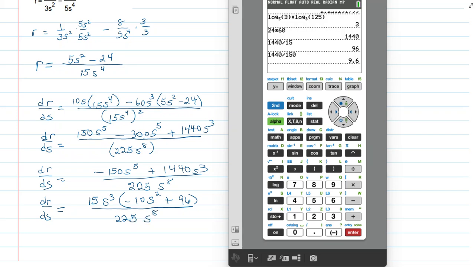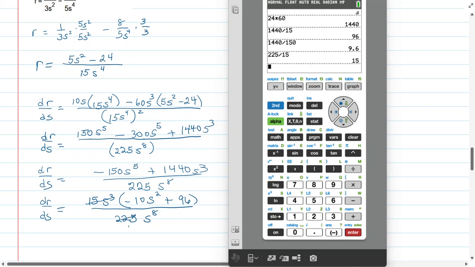When I cancel this 15, because 225 is going to have 15, I'll get 15 S to the 5. So now I have it.